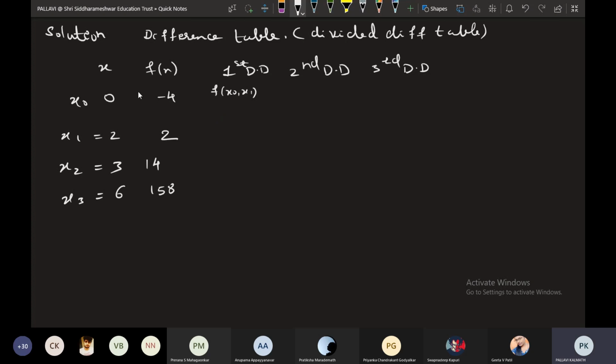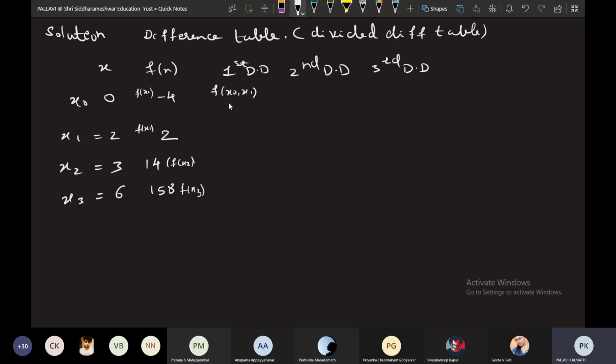So if this is x naught, this particular value will be f of x naught. If this is x1, this will be f of x1. This will be f of x2. This will be f of x3.